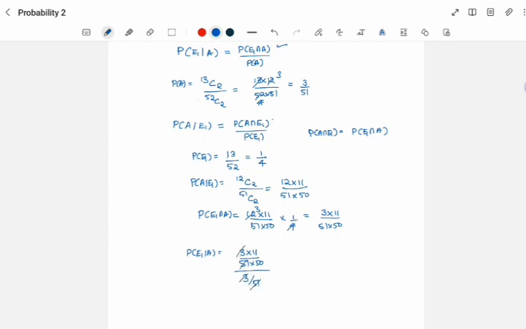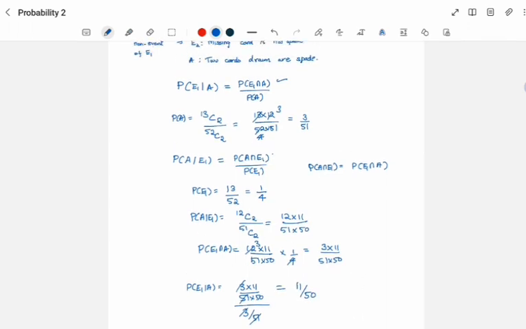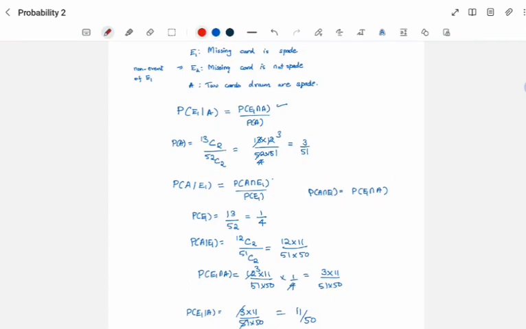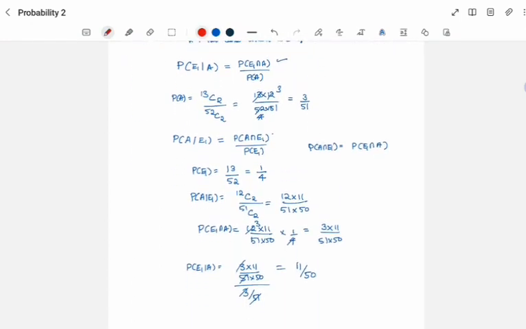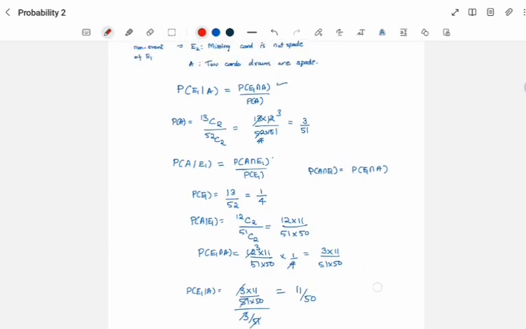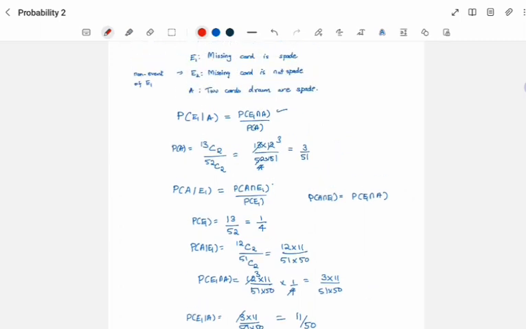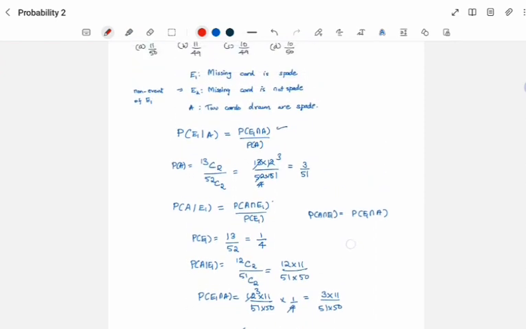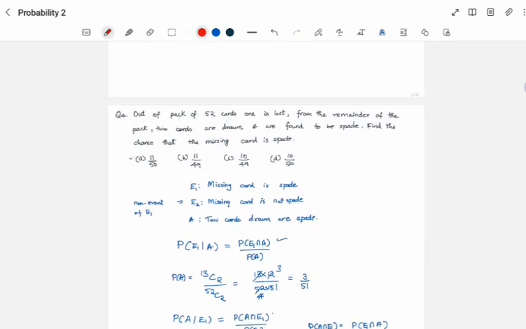So if you see, these cancel. So what will I get? 11 by 50. So this is how you do this question. Since I have written out all the formulas, it may seem time consuming, but if you just keep the formulas in mind and calculate, you will be able to do it quickly. So this is 11 by 50.